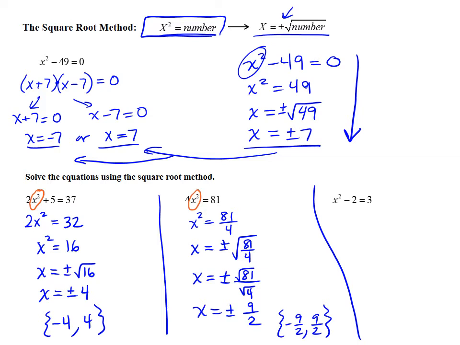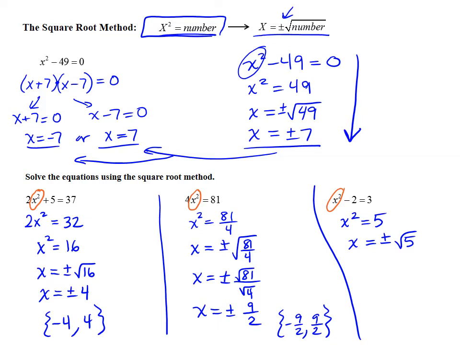In our next example, to get the x squared by itself, we need to add the 2 to both sides. So x squared minus 2 equals 3 becomes x squared equals 5 by adding the 2 to both sides. Now we undo the square by square rooting. When we square root the 5, don't forget we get a plus or a minus. Now this time, the square root doesn't come out nice.